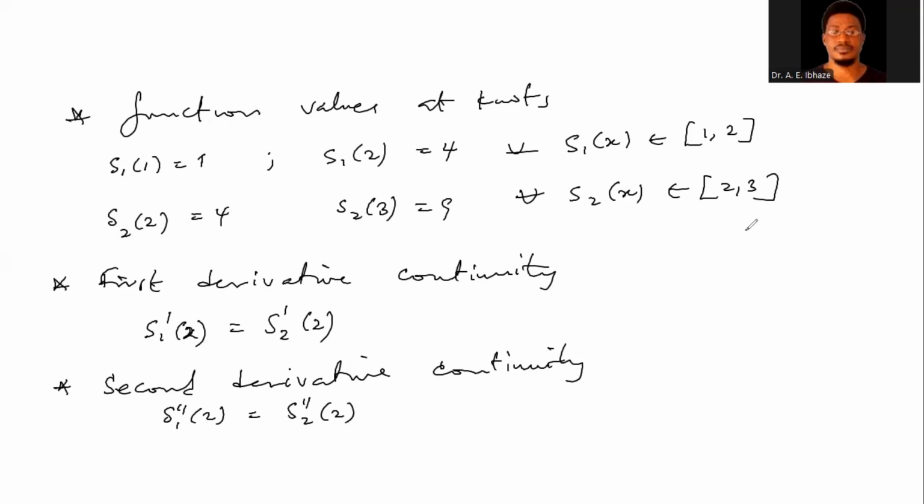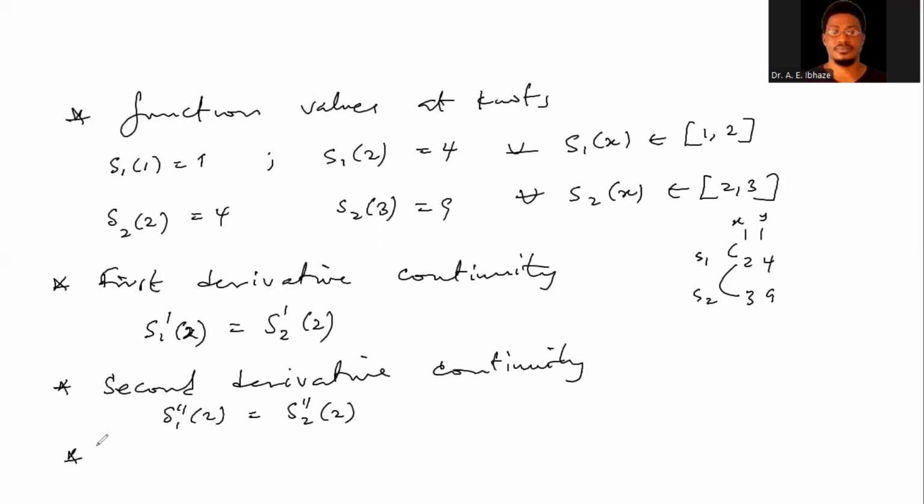Because now we have 1, 1, we have 2, 4, and then we have 3, 9. So this is x, this is y. So these are the transition points, right? And so we have to ensure the transition between s1 and s2 for continuity.